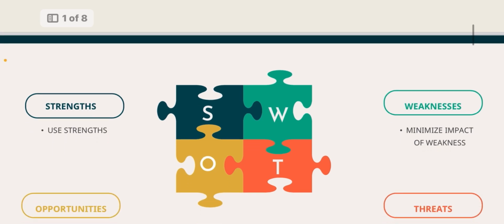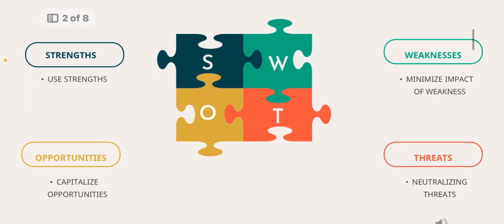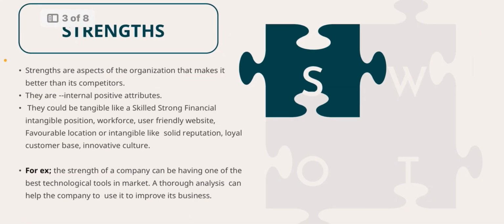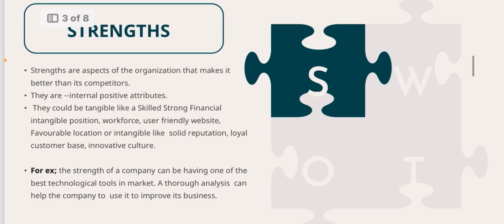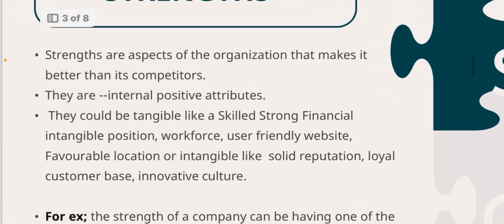Moving on to, yes, this is the next slide. Let's understand strength in a better way. Strengths are nothing but aspects of an organization that make it better than its competitors. They are internal positive attributes, okay, and they are inherent capacity which can be used to develop a strategic advantage.